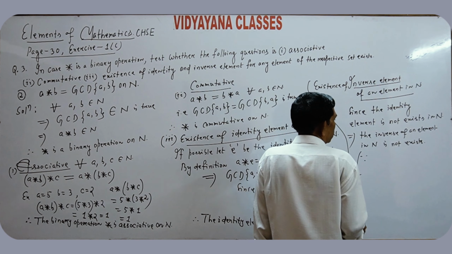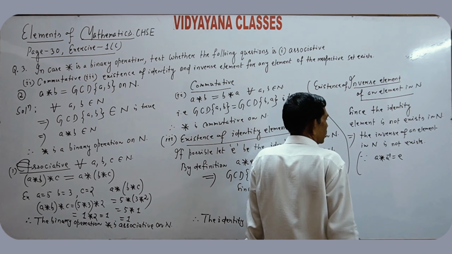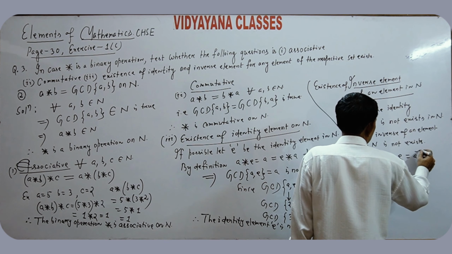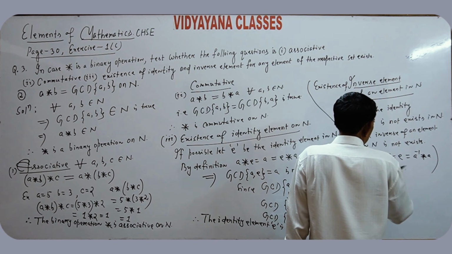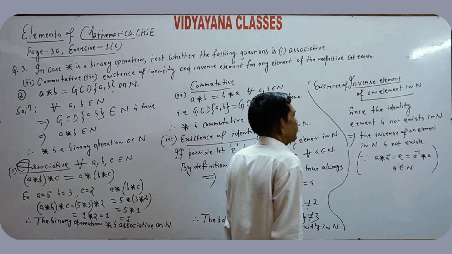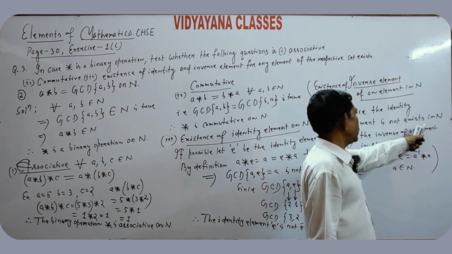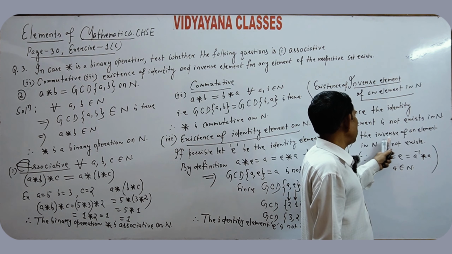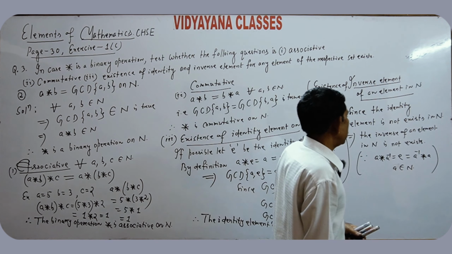Since by definition A star A inverse is equal to E, which is the same as A inverse star A, for all A belongs to N. Since the identity element does not exist in N, the inverse of an element in N does not exist.